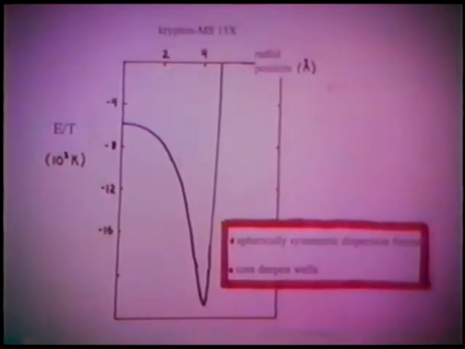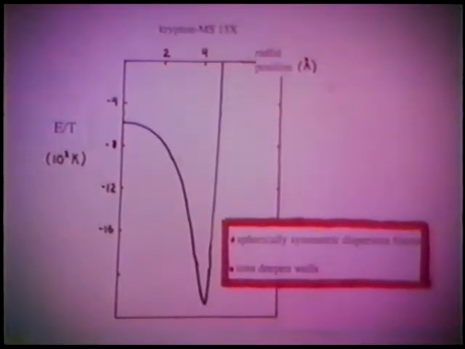But there are two major things to point out here. First of all, accounting for just the dispersion forces, we have a spherically symmetric potential inside the cavity. And it turns out that although because of the ions we have quite a heterogeneous surface inside the cavity, the ions tend to just deepen the minimum of the well and not really change the position of that minimum very much on the scale of the cavity itself.